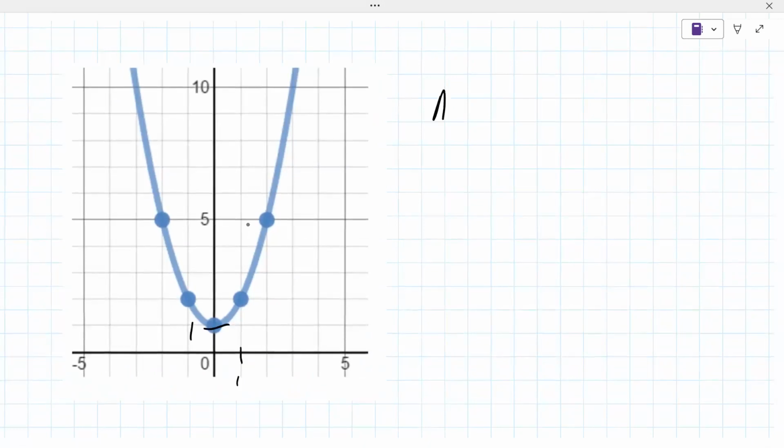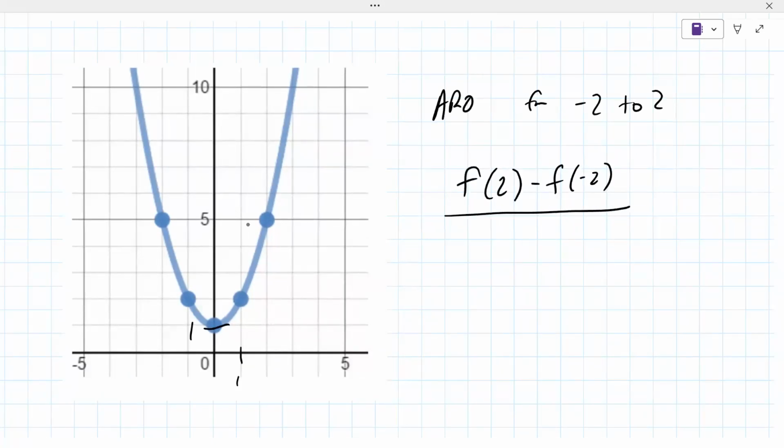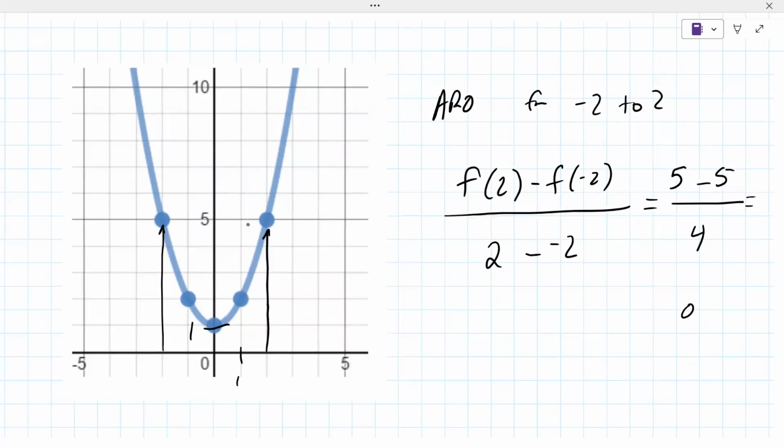So if I asked you for the average rate of change from -2 to 2, it would be f of 2 minus f of -2 over 2 minus -2. F of 2 is 5. F of -2 is also 5. So this is 0 over 4, which is 0.